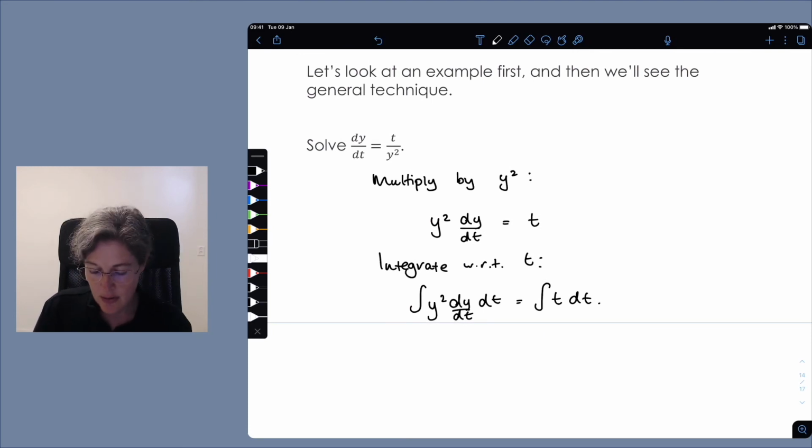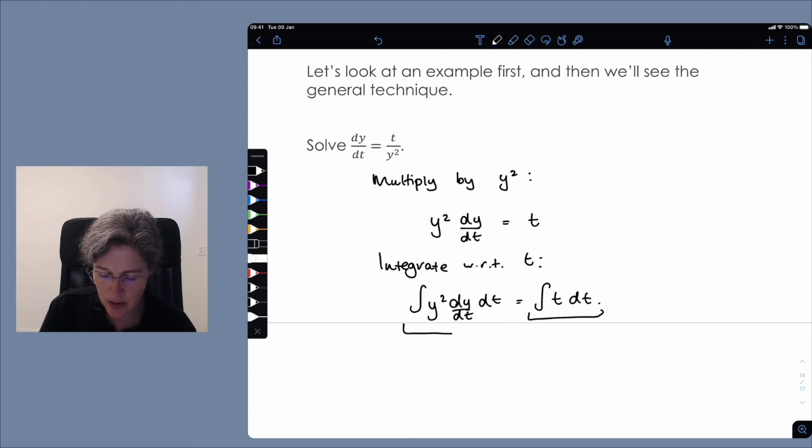So certainly the right-hand side looks peachy. That's going to be a dream to integrate. But what is going on here with this left-hand side? Well, it kind of looks like we could use substitution here. It's not quite the form that we're used to, but what we've got is some function of y times the derivative of y.